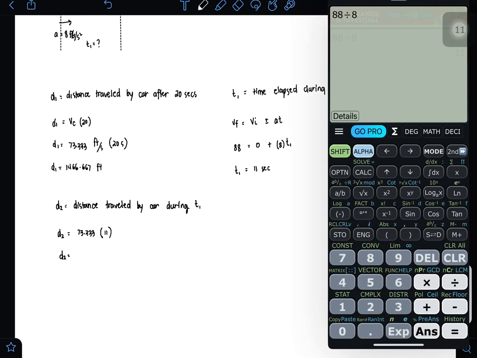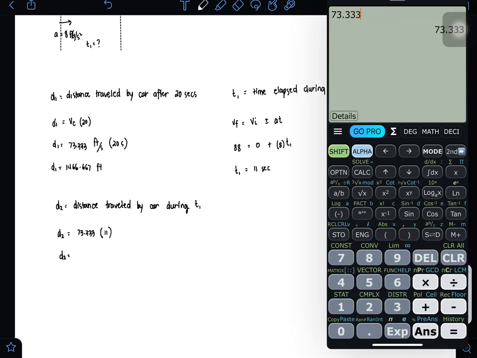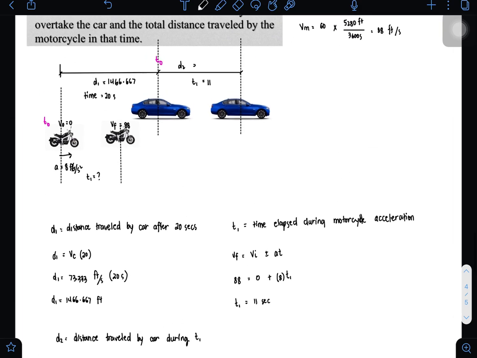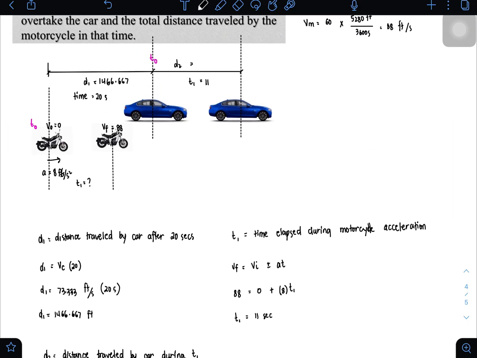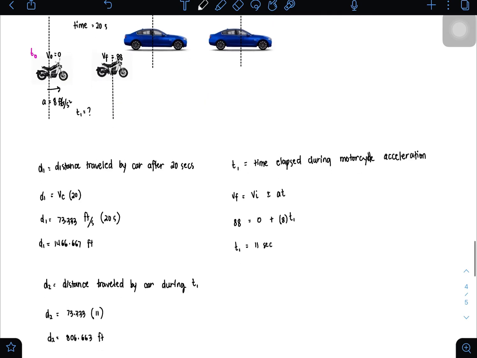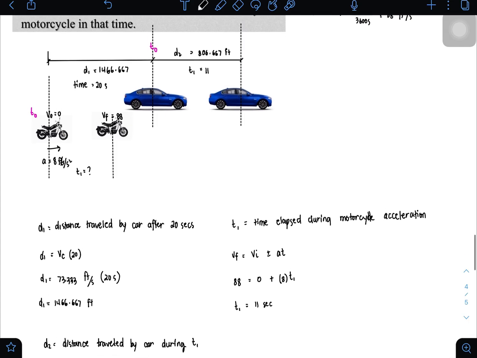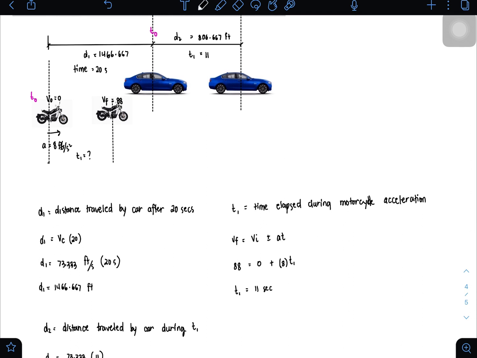That's 806.663 feet. So that is the distance traveled by the car during 11 seconds. So this is 806.667 feet.